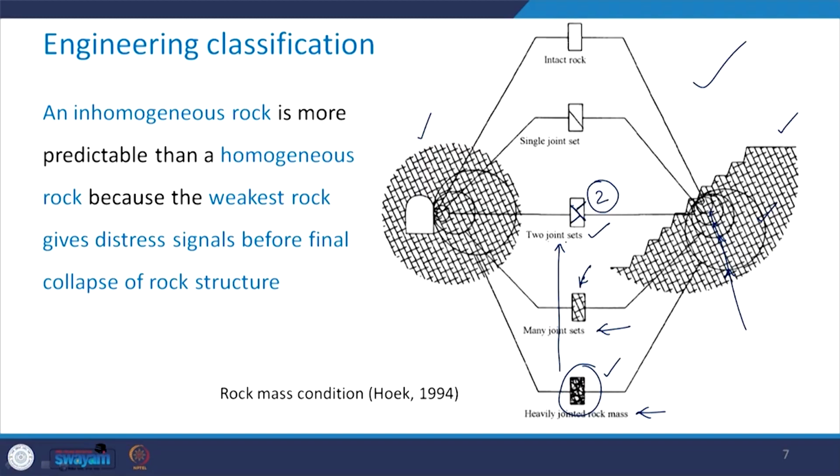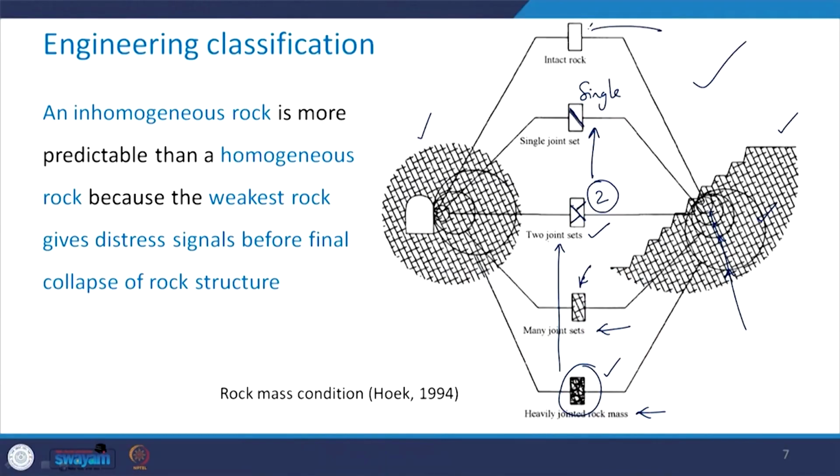You choose it in such a manner that there is only a single joint set. That means here it is only a single joint set. So you see that we have been discussing the direct shear test along the jointed specimen. It was this situation only, where you have only one joint set. Same rock, but the specimen size is reducing in this direction.